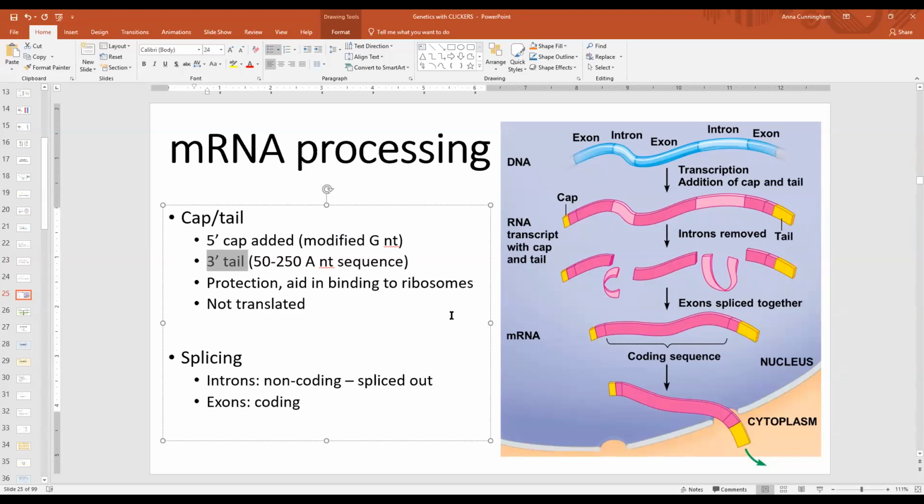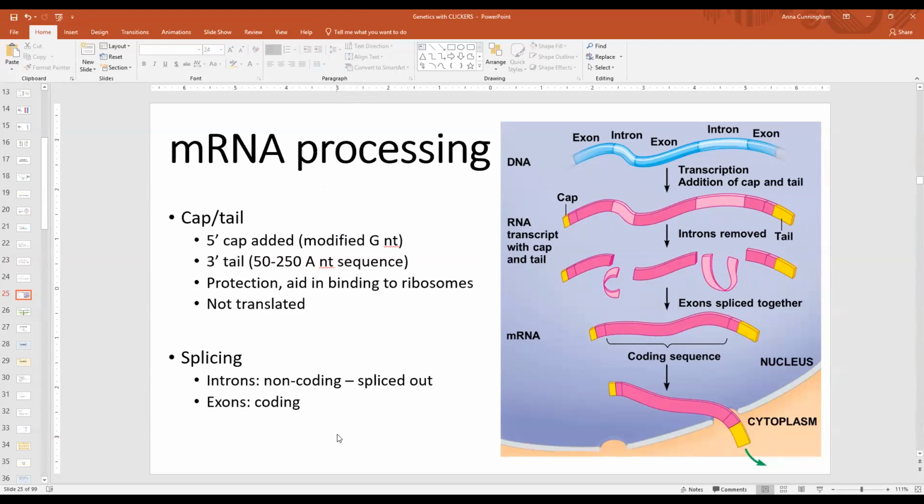Basically what these do is they function as sort of like a zip code, telling the mRNA that it needs to leave the nucleus, if there is a nucleus, and telling it what ribosome to associate with, a free ribosome or a bound ribosome. Importantly, neither the cap or the tail is actually translated, so it does not contribute to the end protein. It's just a protective structure and sort of like a guiding structure.